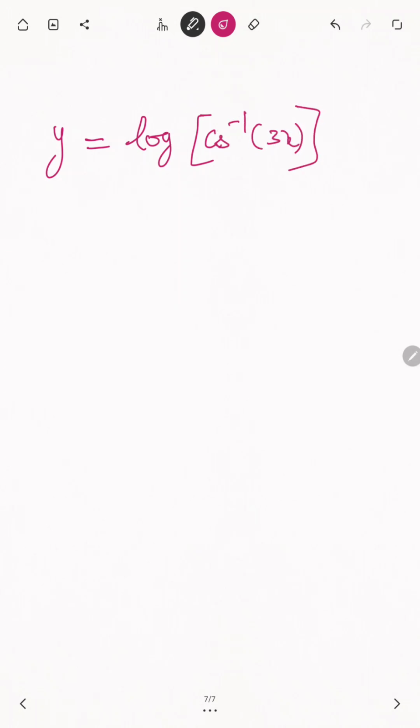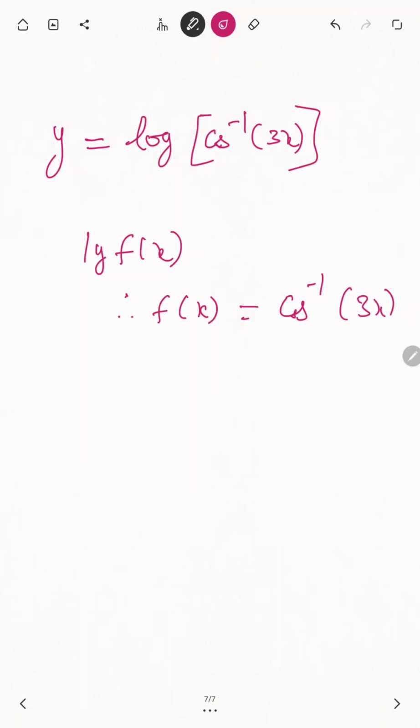Next one. Y is equal to log of cos inverse of 3x. Now you write logarithmic function. Then therefore function of x is what? Cos inverse of 3x. What is the differential of logarithmic function? dy by dx is equal to 1 by function, 1 by cos inverse of 3x, into derivative of cos inverse 3x.